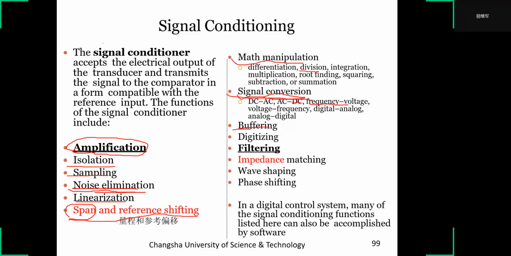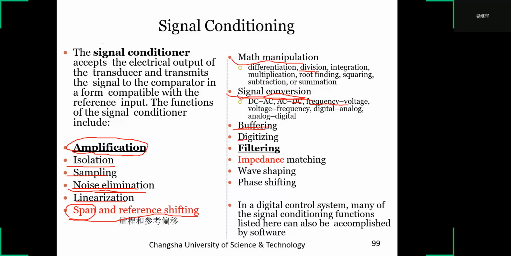Buffering. Sometimes we need to save the signal temporarily, and after we have enough data we transfer it. This is data buffering.